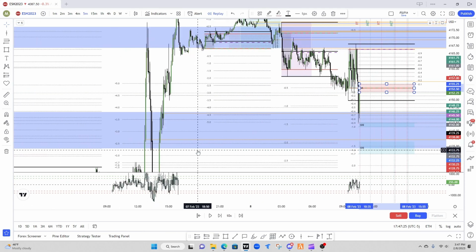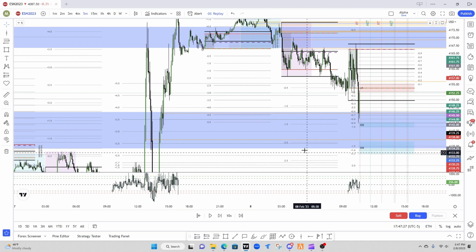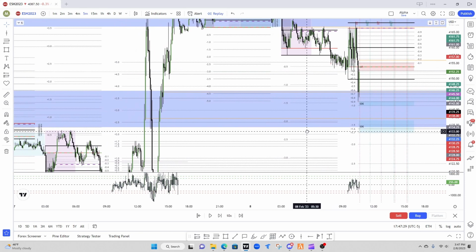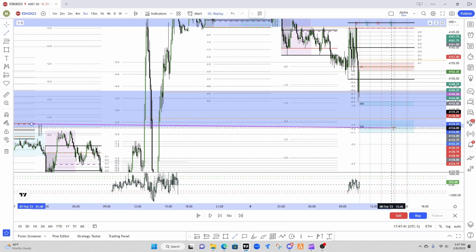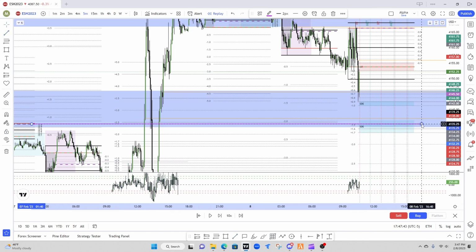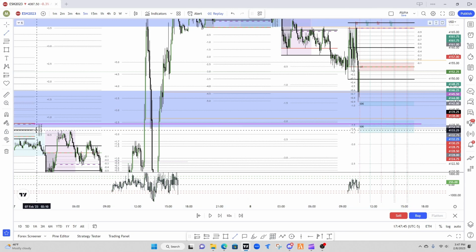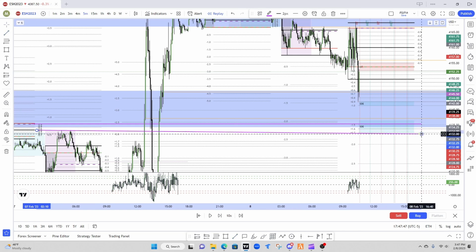Let's scrunch up our screen and look for any previous levels that line up. Okay, so we have a big set of levels down here. And as I said in a previous video, levels from a previous session, especially the key levels, are very important.